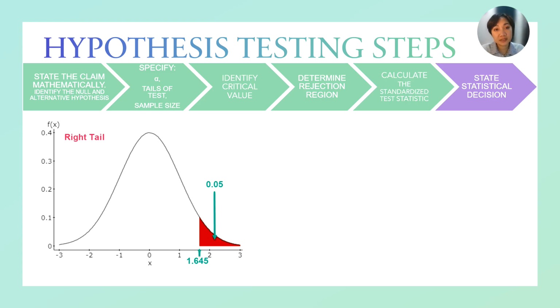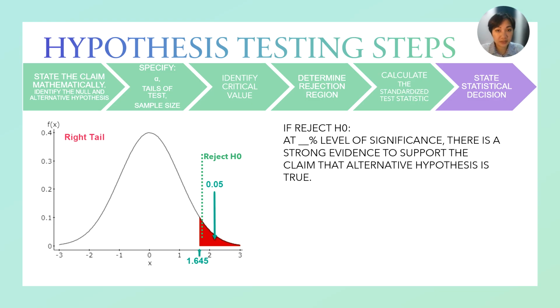If the standardized test statistic enters the rejection region, here, that means the null hypothesis is less likely. That means we will reject the null hypothesis. You can state the conclusion in this way. At 5% level of significance, there is strong evidence to support the claim that the alternative hypothesis is true.